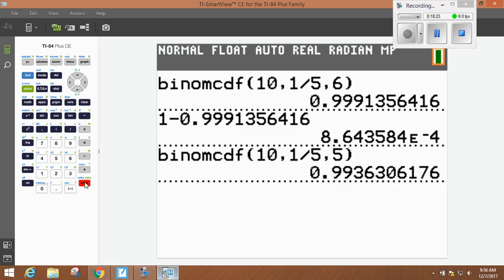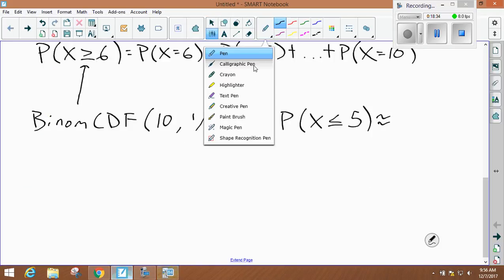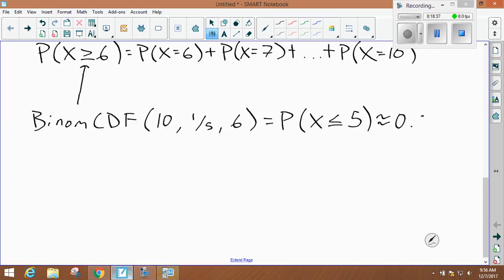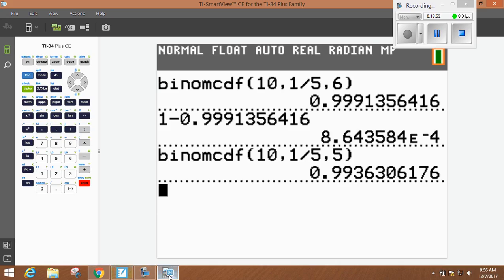Alright, so we need to subtract. We'll mark down what that is: 0.9936. So this is equal to 1 minus 0.994, and I'll just let my calculator do that for me.